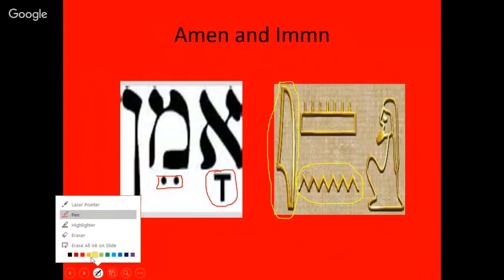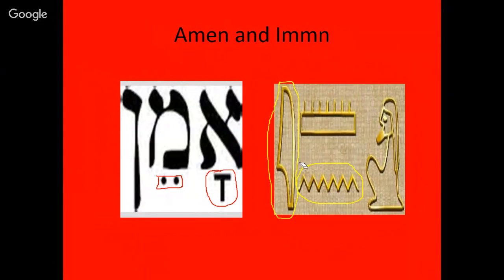How then, brothers and sisters, can people try to say that this, as the aspect of Amen, is where the Hebrews got it from, if it's not even there inside the Egyptian language itself? So that's why edification is very, very important.